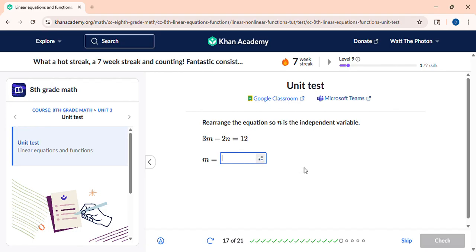So n is the independent variable. So we have 3m minus 2n is equal to 12. Negative 2n is equal to 12 minus 3m. n is equal to 12 minus 3m, all divided by negative 2.